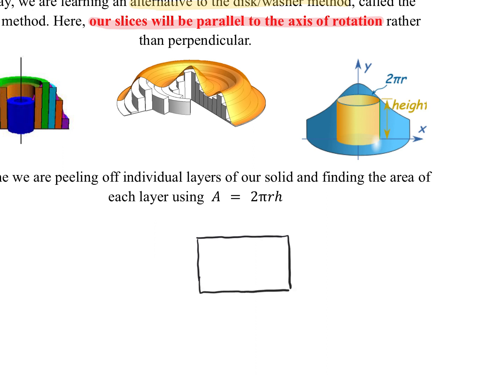The height of my rectangle is going to be dictated by the height of my solid at any point over my interval. And the width of my rectangle is dictated right here, 2 pi r, which would be the circumference of our solid at that point.